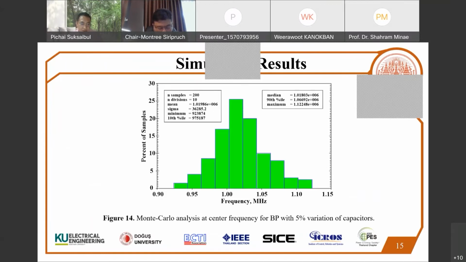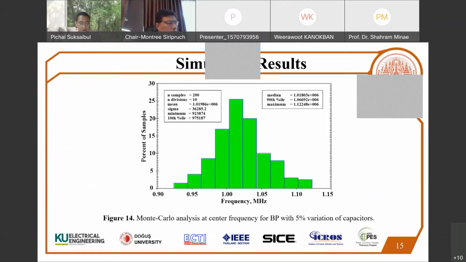Next, the Monte Carlo analysis at the center frequency of the bandpass filter with 5% variation of the capacitors. Capacitor 1 and capacitor 2 with 200 runs of Gaussian distribution are shown in figure 14.